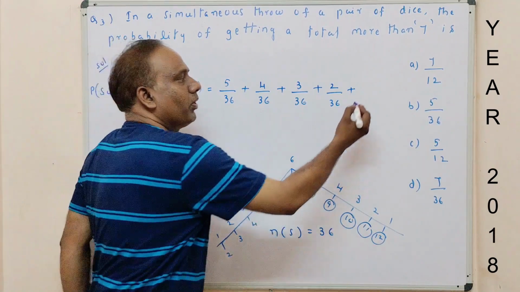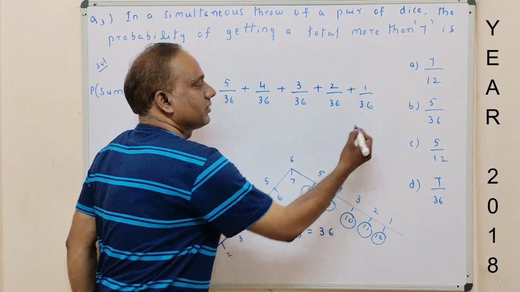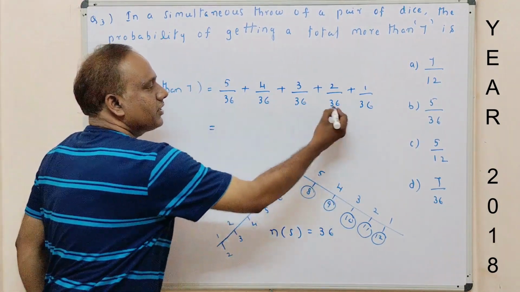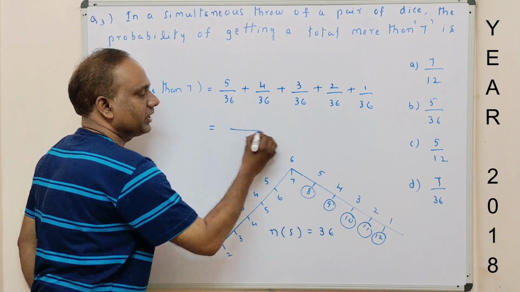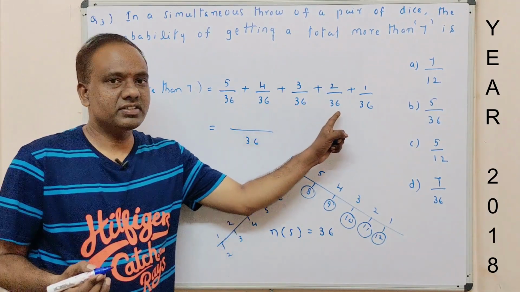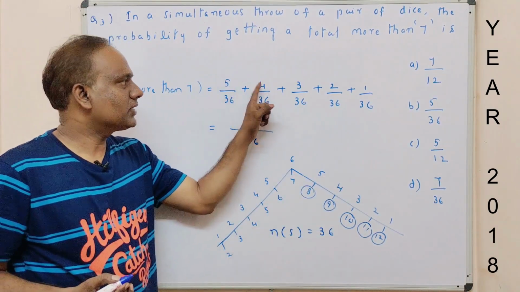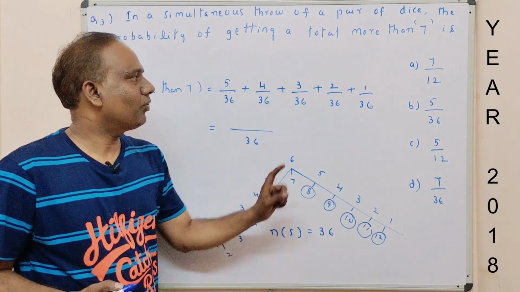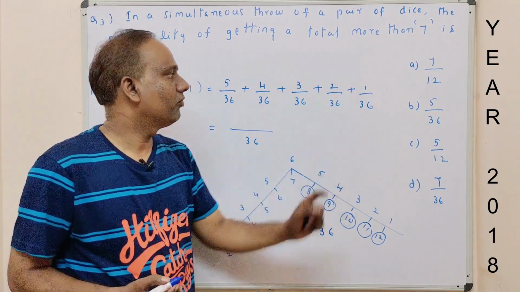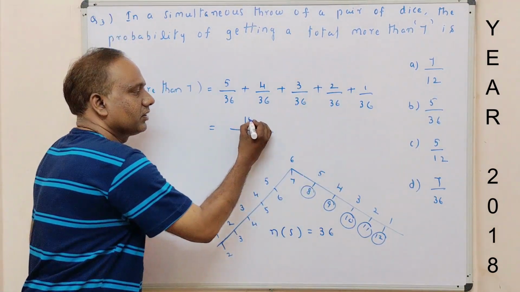Sum 12 is 1 by 36. Now here the LCM is 36, so it is the same. Now you can add the numerators directly. So 5 plus 4 is 9, 9 plus 3 is 12, 12 plus 2 is 14, 14 plus 1 is 15.